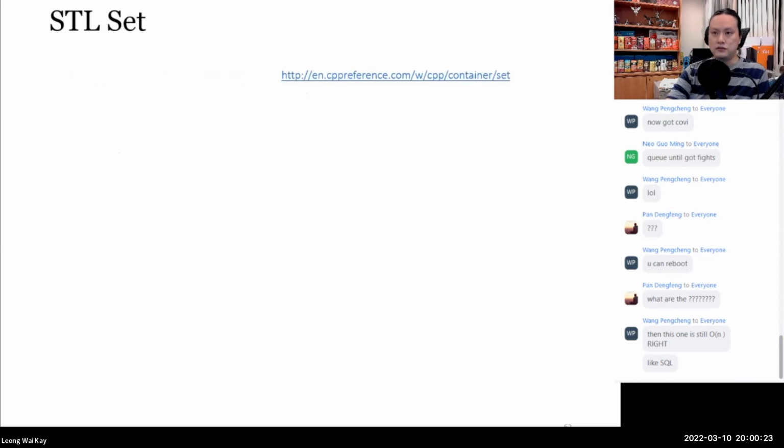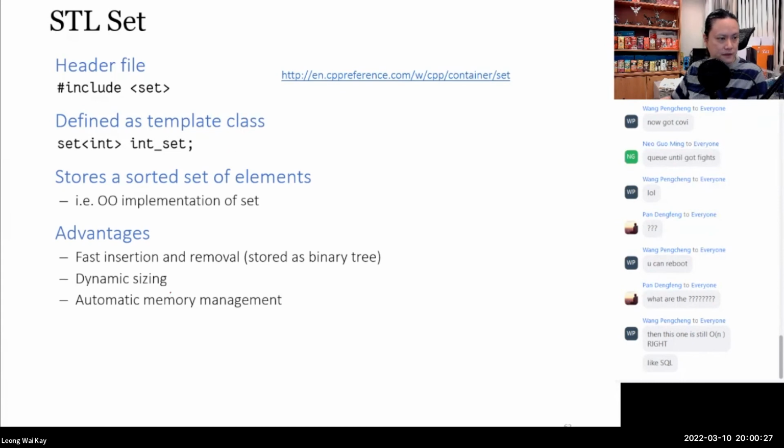What set gives us is fast insertion and removal, I think almost O(1). To use set, you just include set and call it. Again, it has dynamic sizing and automatic memory management.